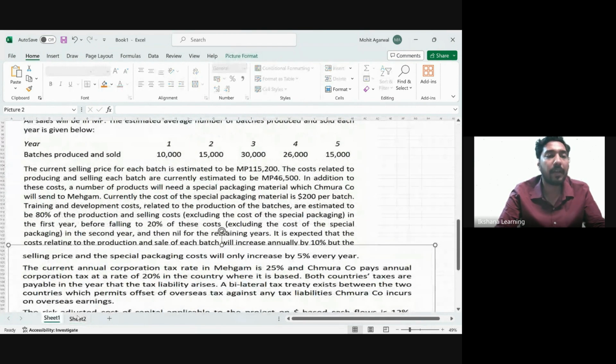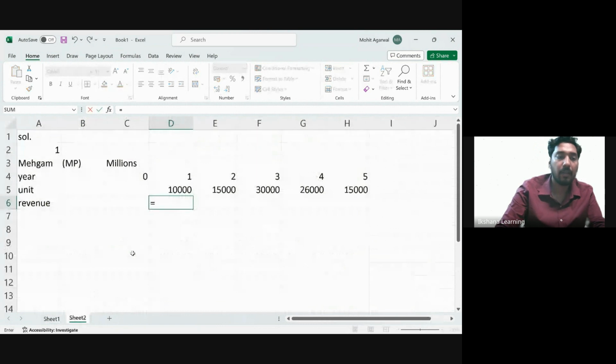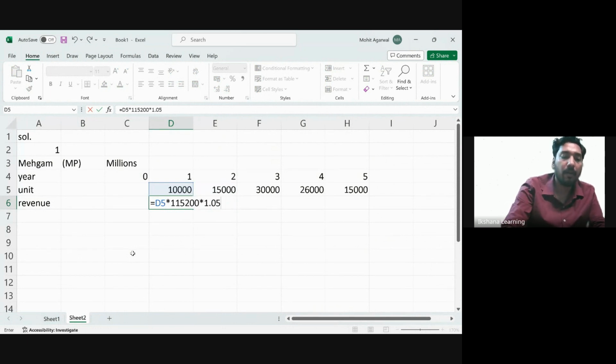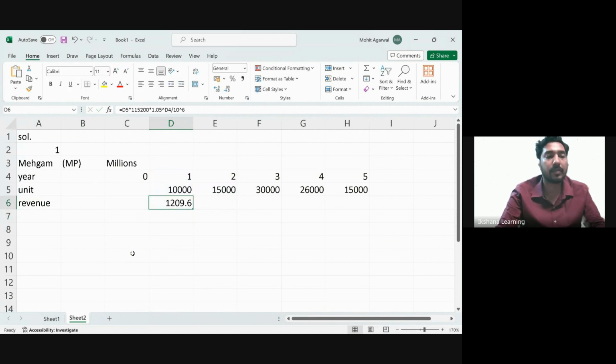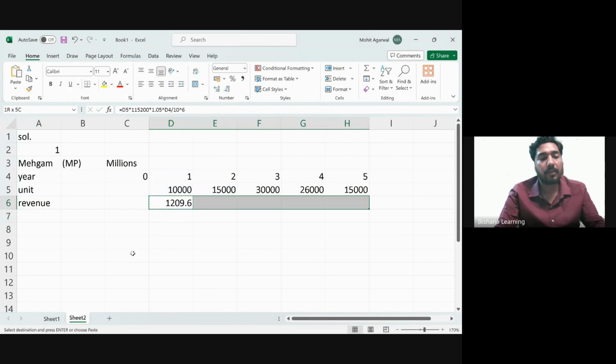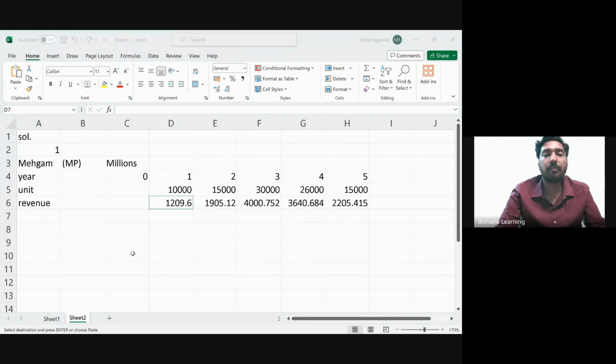So multiply 115200 by 1.05 raised to the power because of inflation. And remember to divide by 10 to the power 6 to convert to million. This is our revenue. That's why I told you to write the units. See how simple it becomes. Now you can simply run this formula and you will get your answer. Correct.